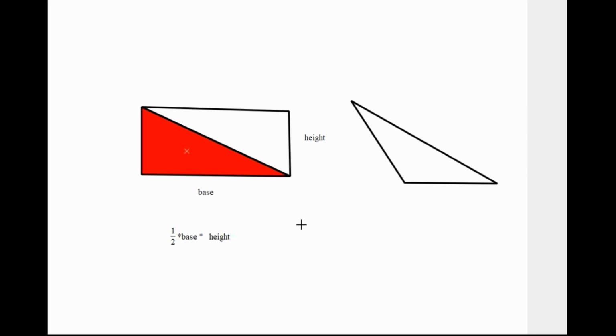It still works out. I'm not going to show you how or why or prove to you that this is indeed the case, because I don't want to confuse you. Just keep in mind it is half of this times the vertical height there, half of the base times the vertical height.